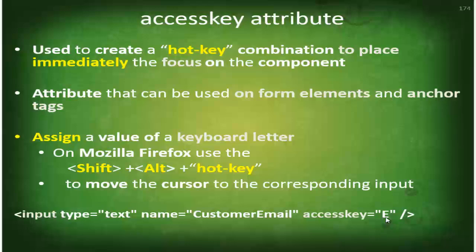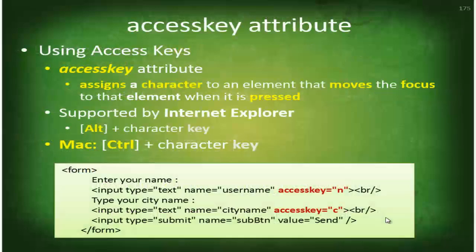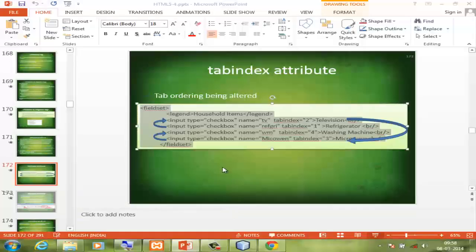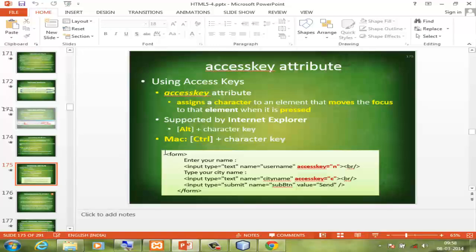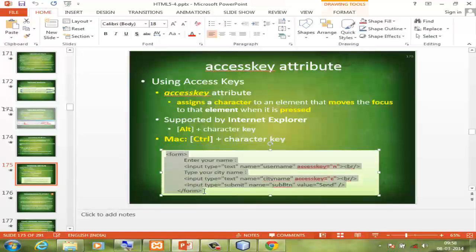Whereas with Internet Explorer as well as Chrome, you have to just hold the Alt followed by the key. So there's a small problem, but I think your user will get used to it. Suppose they are using Firefox, they know that they have to use Shift, Alt, and the key for the activation.